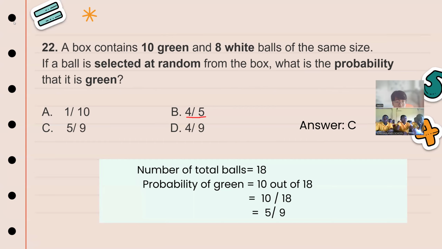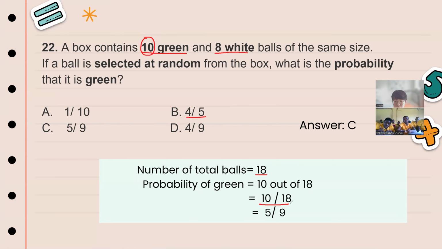because we have 10 green balls and 8 white balls. The total number of balls is 18, 10 plus 8. And we have 10 greens from the box. Then it is 10 out of 18.